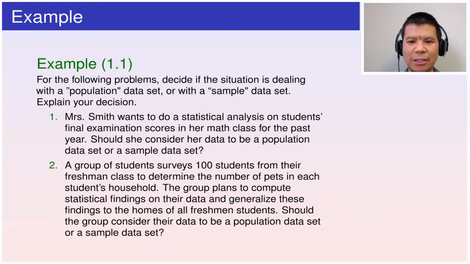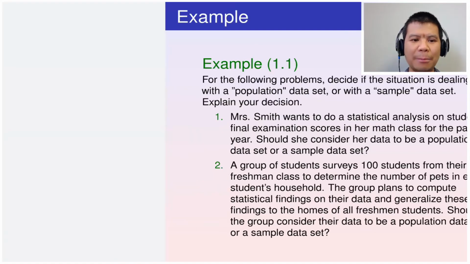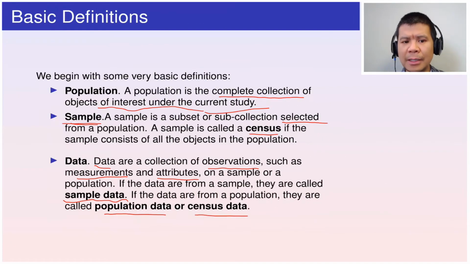Let's check the definition. What is a population? A population is the complete collection of objects of interest under the current study. So you have to be careful. The population is the complete data set, but it is subject to the current study.